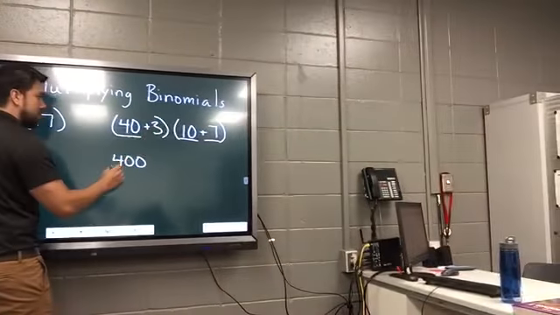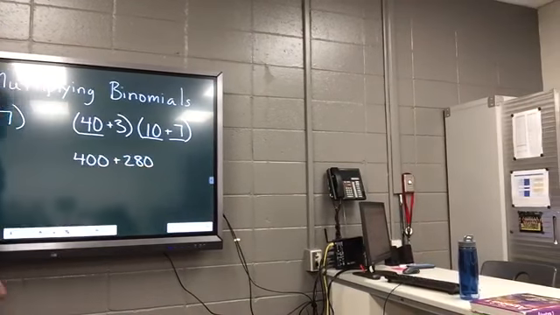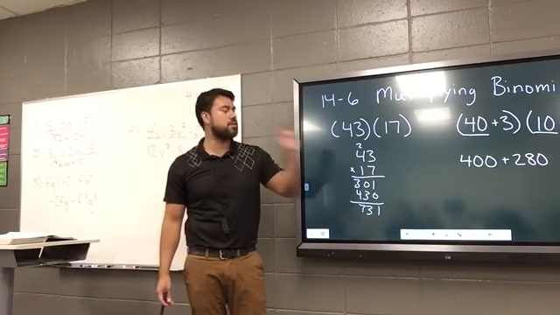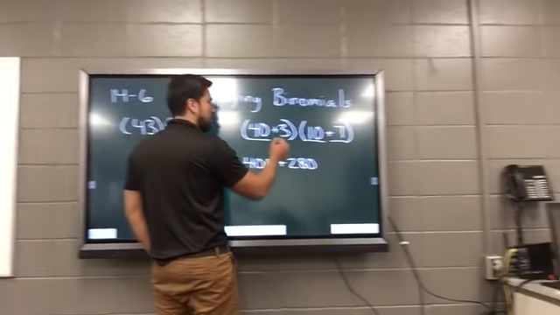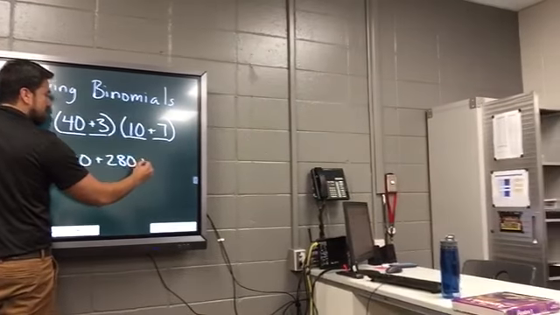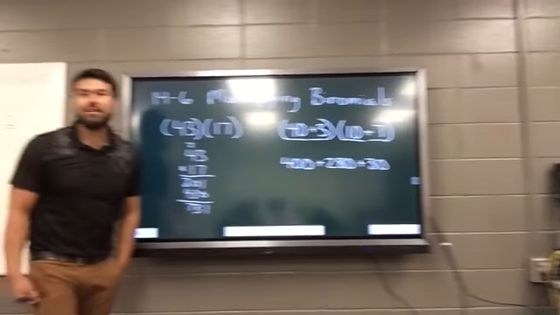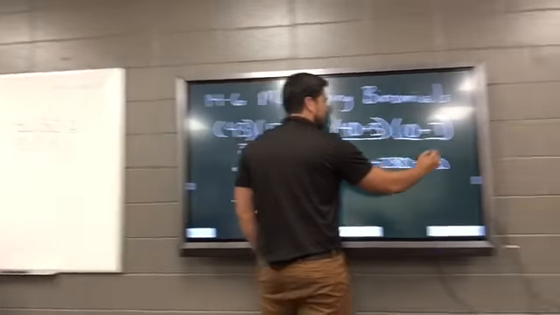What's 40 times 7? 280. Good. It's 28 with that 0 added. Inner terms are positive 3 and 10, which give me 30. And my last terms of each binomial, 3 times 7, give me 21.